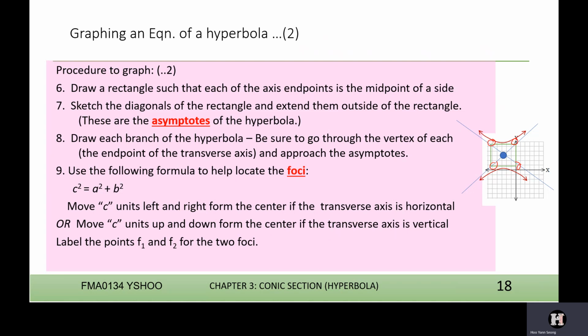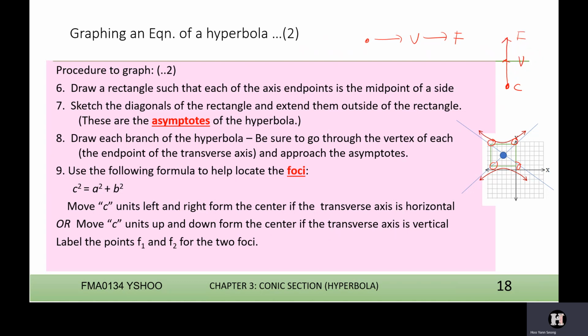So where do you put your foci? Following your vertex. The foci are always a little bit further from your center. If you have a center, the next point you meet will be the vertex, then you will meet your focus. If it is vertical, this is your center, then you meet your vertex, then your focus.